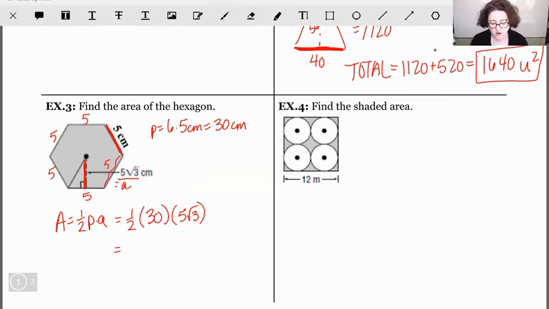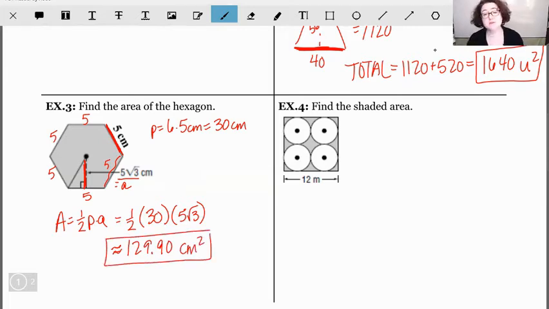And if you are going to go all at one step, just make sure you put the √3 at the very end. And not a bad idea to put parentheses around it as you're multiplying. So I'm going to do 1/2 times 30 times 5 times the square root of 3. And I'm getting out the decimal, so approximately equal to 129.90. And they did give us units on this one, so it's centimeters squared.